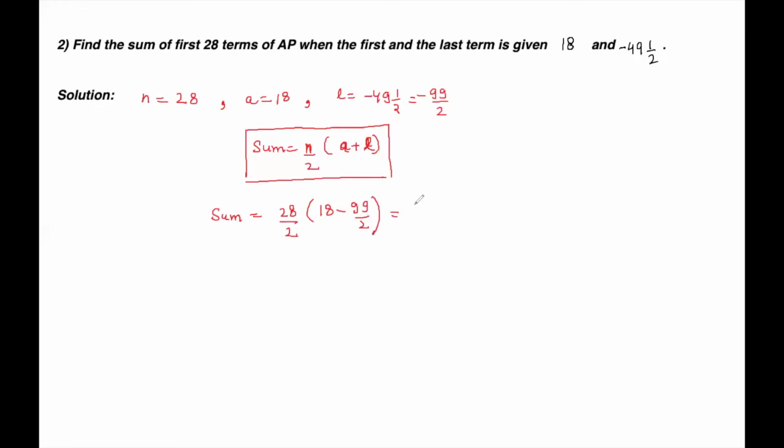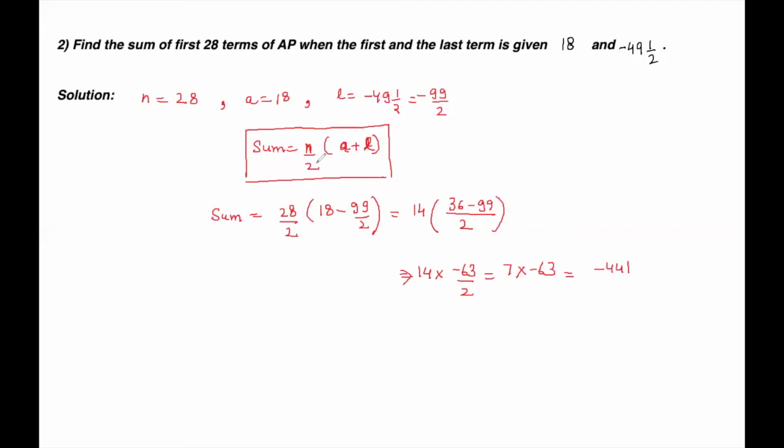So it would become 14. Okay. And I'll take the LCM. So it would be 2, and 36 minus 99. So it is equal to 14 into minus 63 by 2. This is equal to 7 into minus 63. And the final answer would be minus 441.